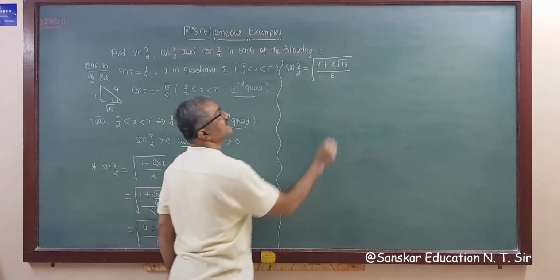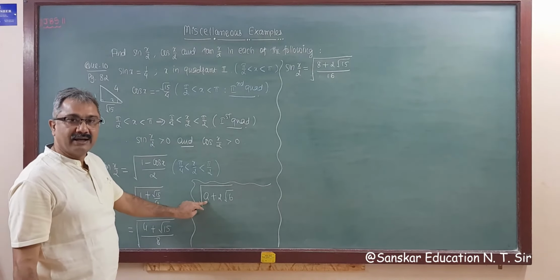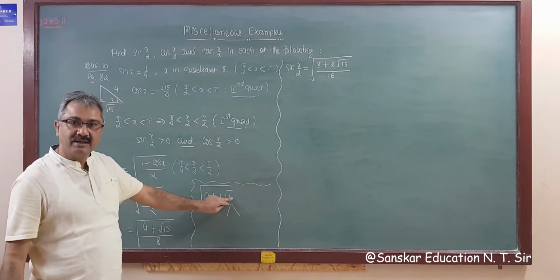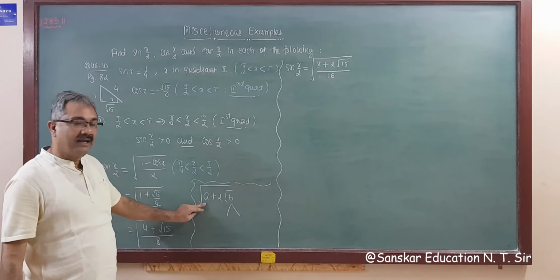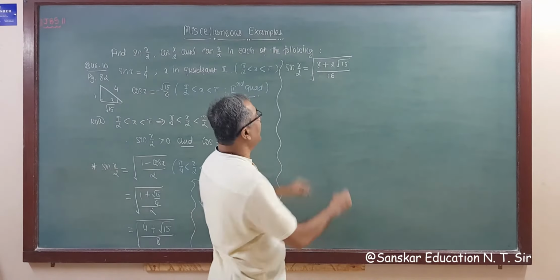So this is 16. Now you have to split out this a, right? So you have to take factors of this b whose sum is a. So here it is 15, 5 threes are 15, and 5 plus 3 is 8.